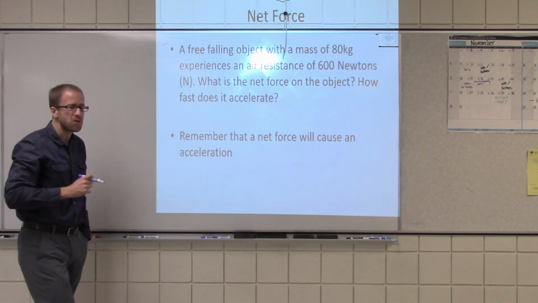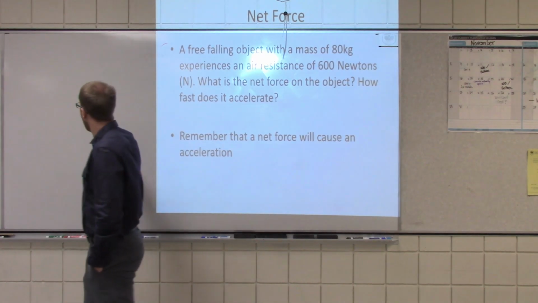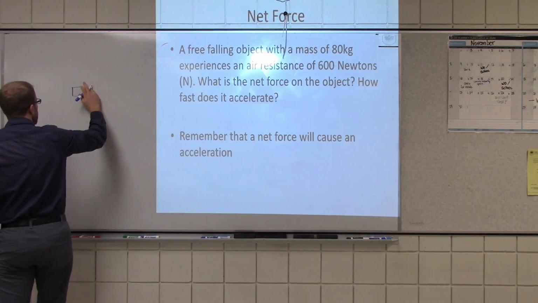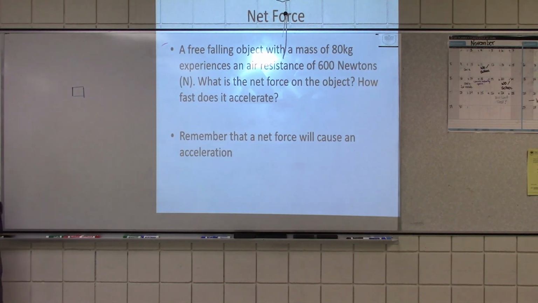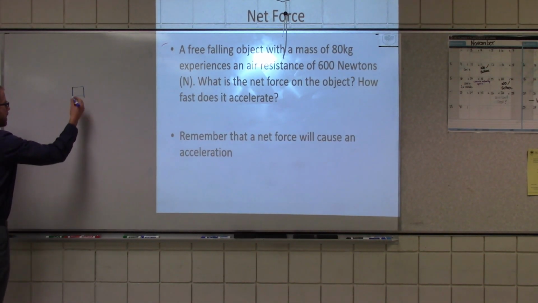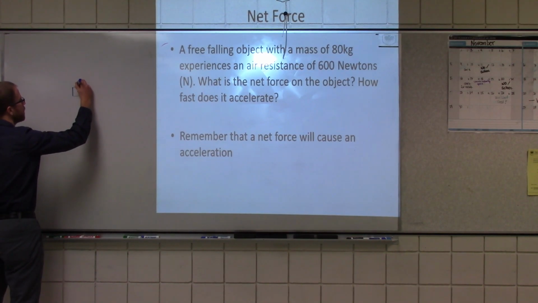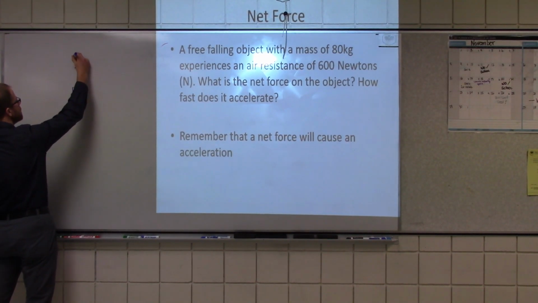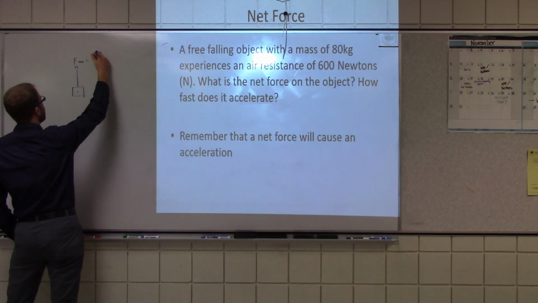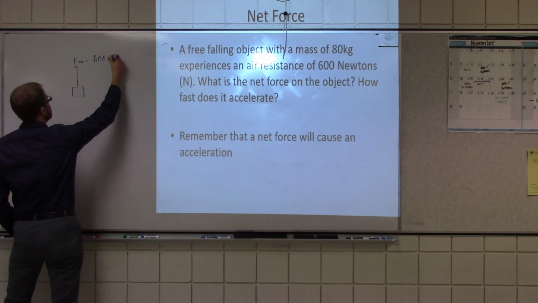So super important, let's draw a diagram first. So our free body diagram, we have an air resistance of 600 newtons. Which direction will that air resistance be? Up. Good job. We're falling towards the Earth, therefore our air resistance is going to be up, and that's going to be 600 newtons.